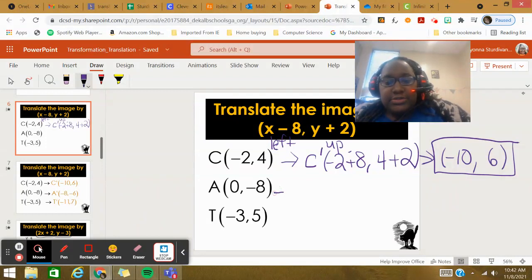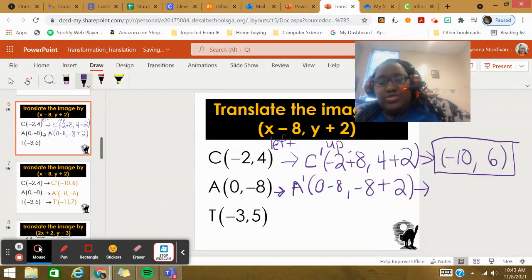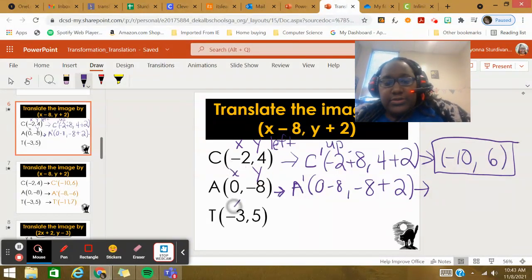So again, I'm going to just apply the rules algebraically. So in this case, I'm looking at A prime. I'm starting off with the point 0. So I'm going to do 0 minus 8. And then I have -8 for my Y. And then I'm going to do -8 plus 2. Now, for those of you that might struggle with this, the very first thing I will do is label my X and my Y, so then you won't get them confused.